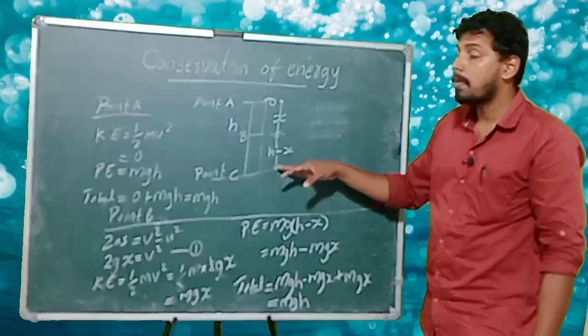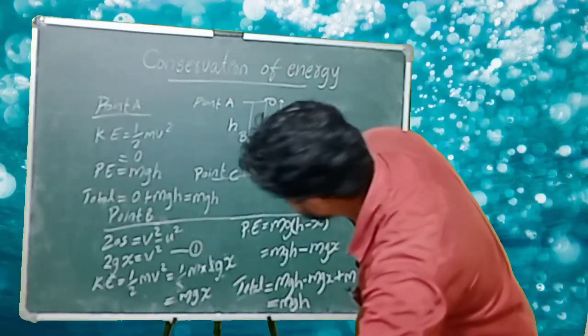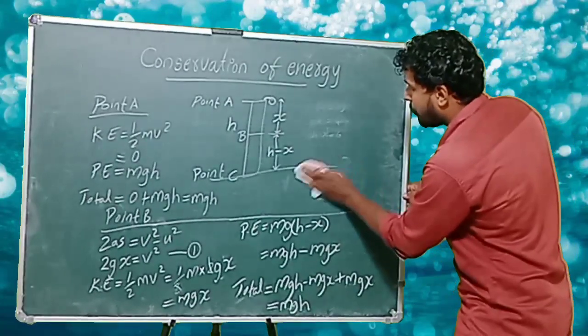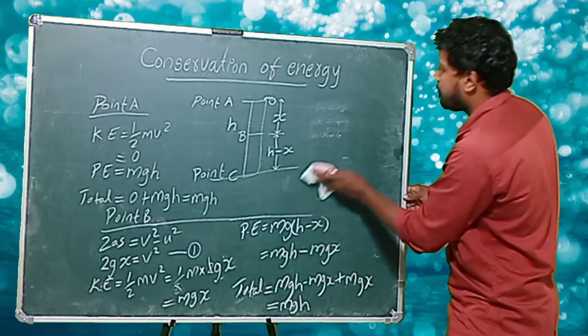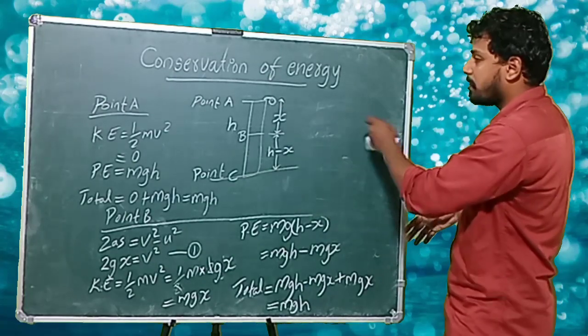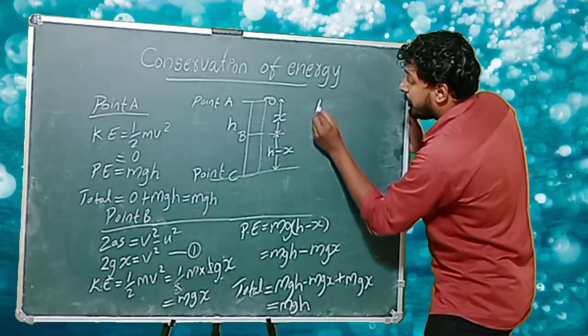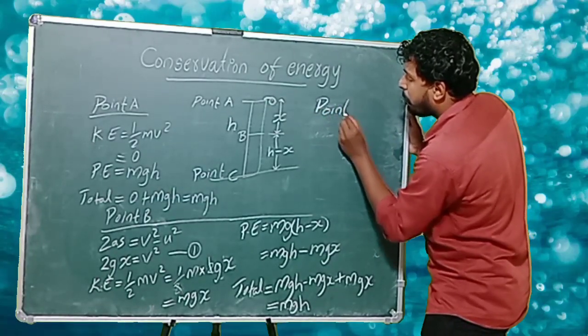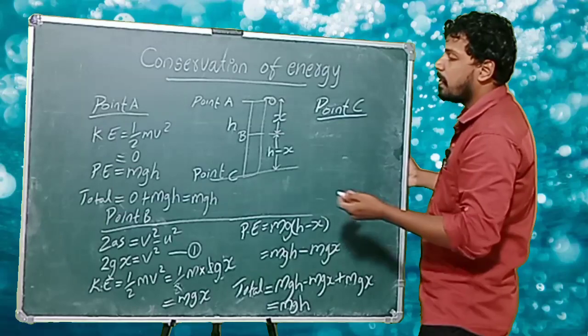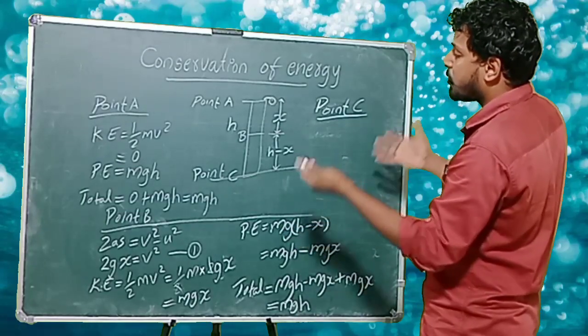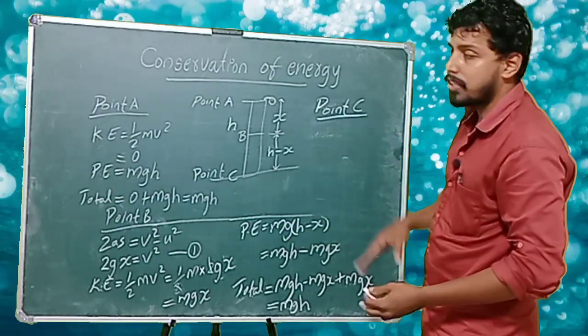Then we have to calculate the total energy of point C. Okay, we will calculate here. There is no time, no space, then we will go there. Point C. What's the potential energy at point C?